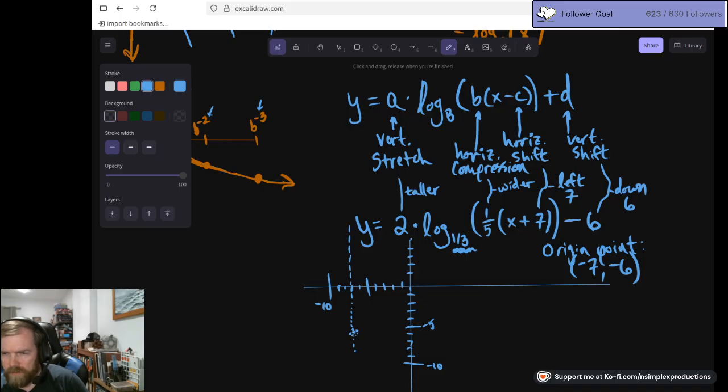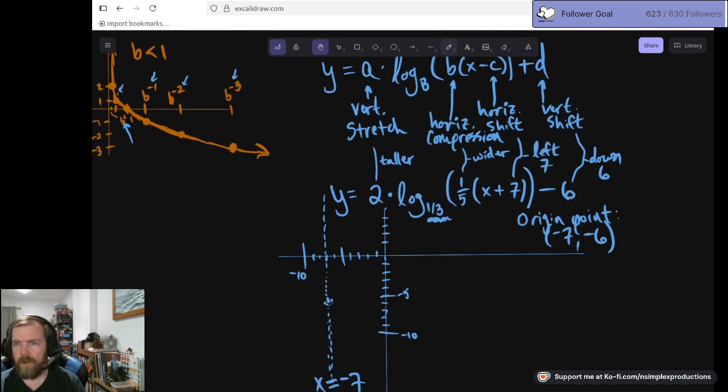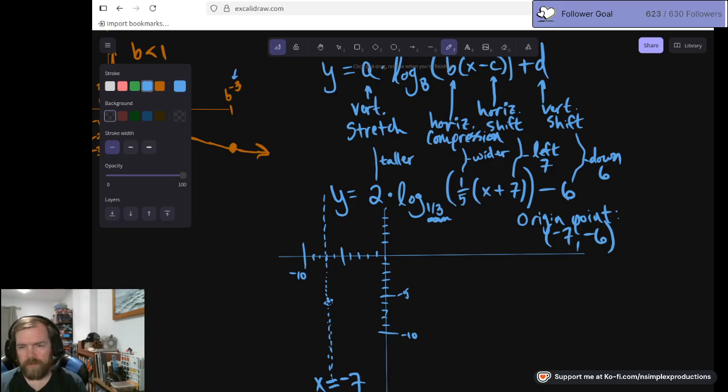Right, x equals -7. We can never have a 0 on the inside of our log. Log of 0 doesn't make any sense. What exponent can you put on a 2, or in this case a third, in order to get 0 back? There's just no way to do it. So x equals -7 is going to be a vertical asymptote.